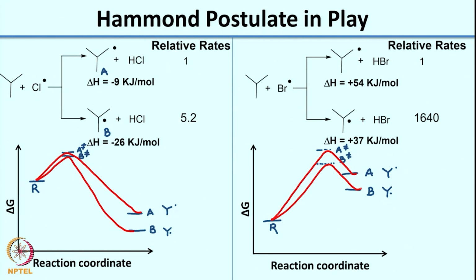What would be important would be the activation energies. So let us compare the activation energies. In this case, this will be the E activation for B, and then the E activation for A would be this barrier.